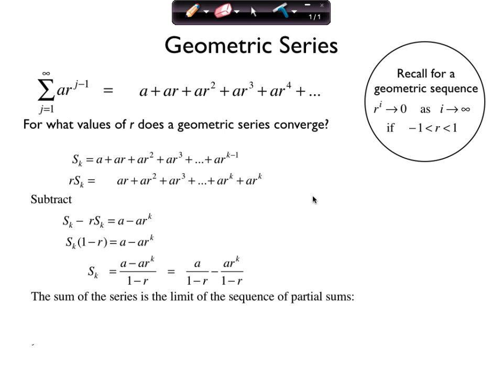That limit of the sequence of partial sums, each term in that gets closer and closer to the sum of the whole series. So you keep adding on one more term. So we're saying the sum of the series is the same as the limit of partial sums, which is the limit of this expression we found, which is equal to the kth partial sum.